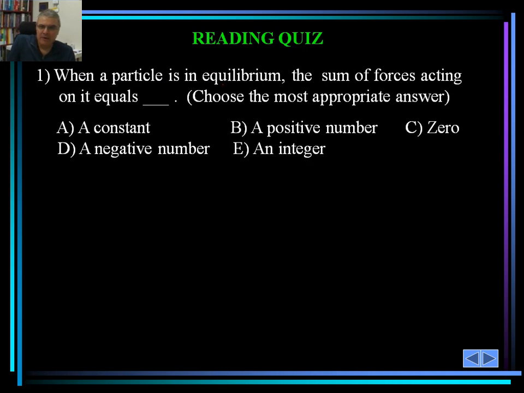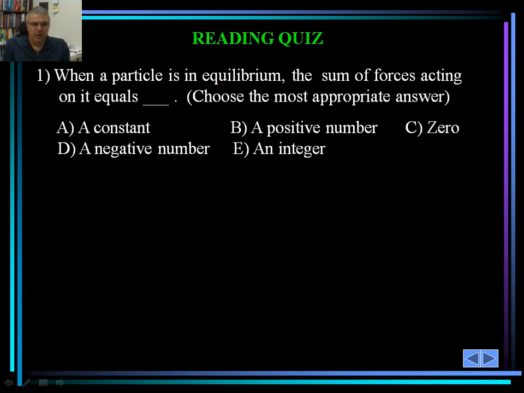This is a reading quiz, and I will give you the answer shortly, but let's talk about it a little bit. When a particle is in equilibrium, the sum of the forces acting on it equals: A, a constant; B, a positive number; C, 0; D, a negative number; E, an integer.